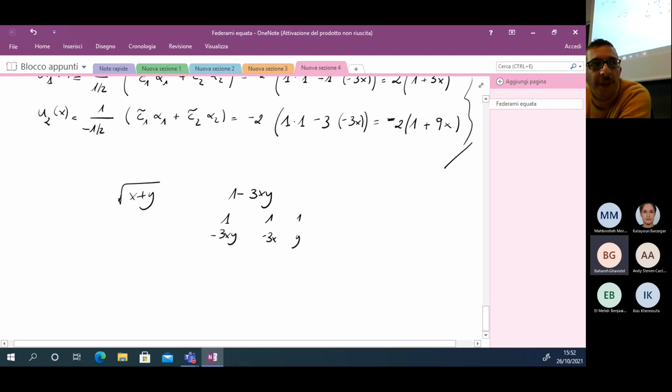You can eventually do also another split. You can write this as 3x and minus y. This is something that you can do. Or you can write this as x or minus 3y. This is another thing that you can do because x times minus 3y is minus 3xy.